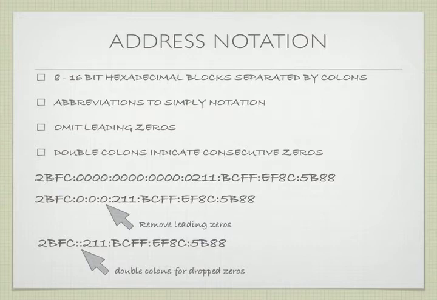So if our address were 2BFC 0, 0, 0, 211, 0, 0, 5B88, it would drop just those first 3, and we would have 2BFC double colon 211 0 colon 0 colon 5B88. So these are just ways to avoid having to write unnecessary or implied zeros in IPv6 addresses.